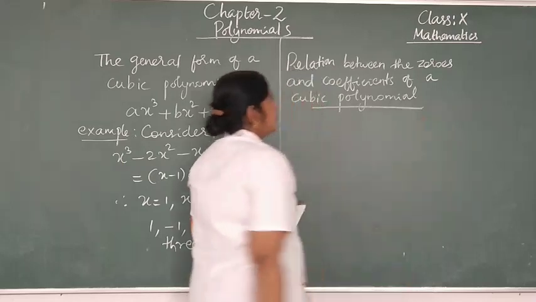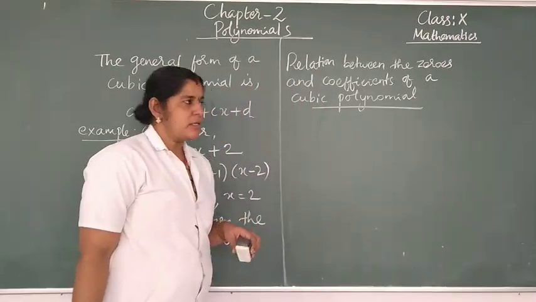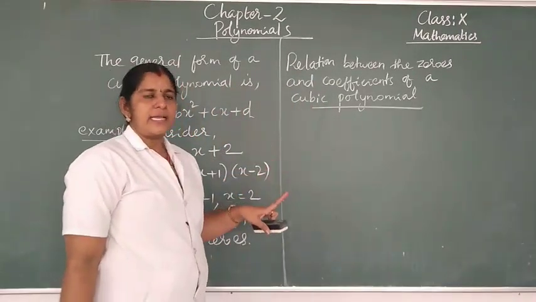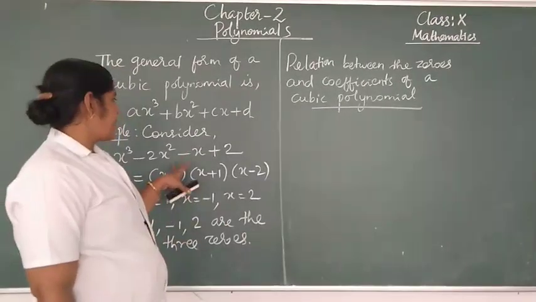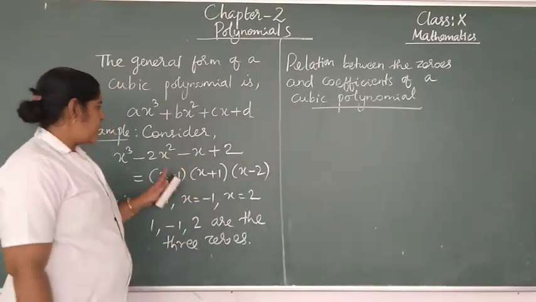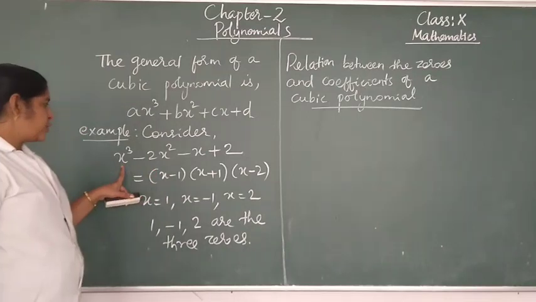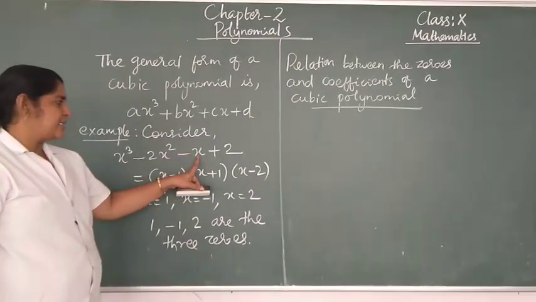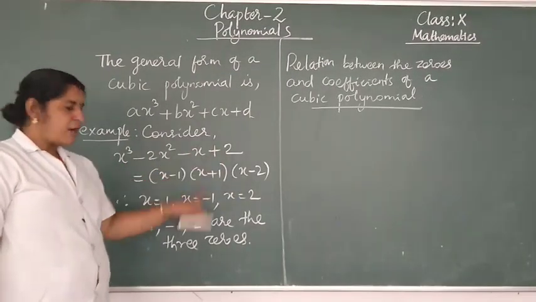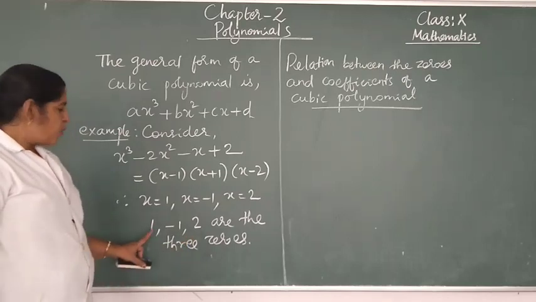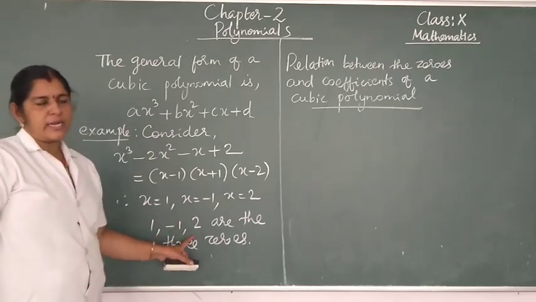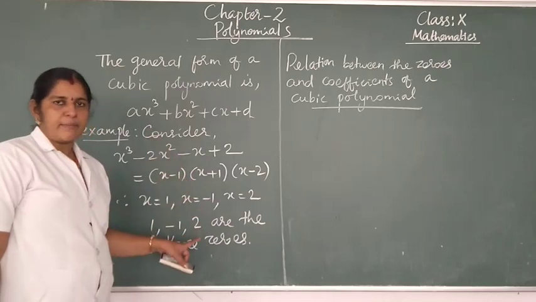The relation we are going to find out. Now, as I said earlier, we have considered this example. What is the polynomial? x cube minus 2x square minus x plus 2, and we got three zeros. They are 1, minus 1 and 2, the three zeros of this cubic polynomial.